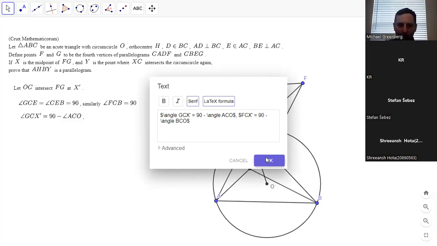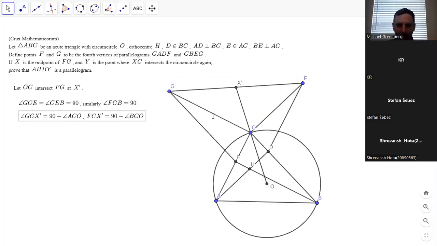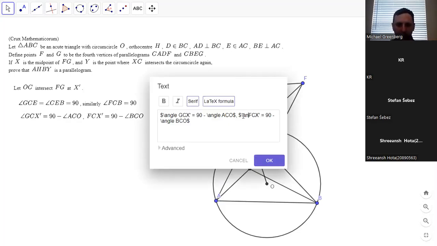And so then we can take the ratio of the two sides.